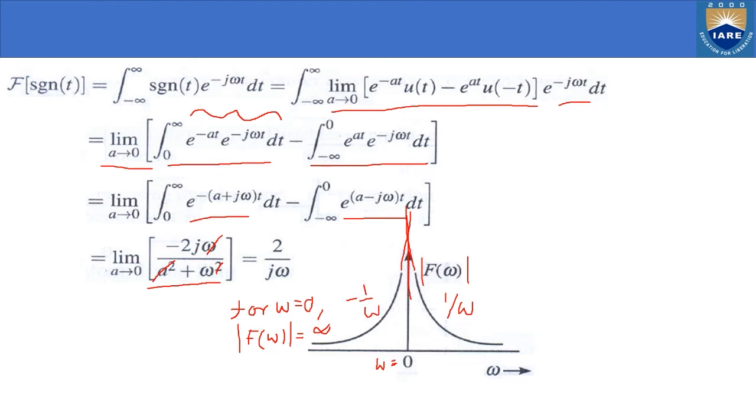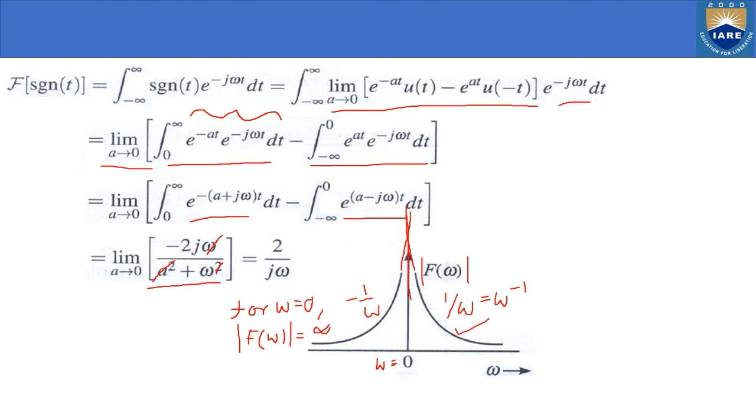So 1 by omega means omega to the power of minus 1. If you expand this into a power series, you can see some nonlinear terms because of that. This function is a non-linear function. It is not a linear function. Omega is a linear function, but 1 by omega is a non-linear function basically.